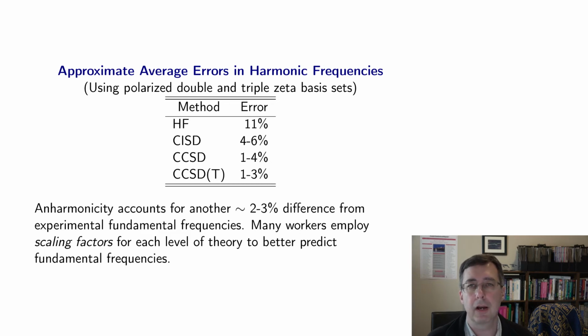Now these errors are versus so-called experimentally deduced harmonic frequencies. But the harmonic oscillator approximation isn't exact for real molecules. In real molecules we have anharmonic effects, and that will cause differences of an additional 2 to 3% for experimentally measured frequencies compared to computed harmonic frequencies.